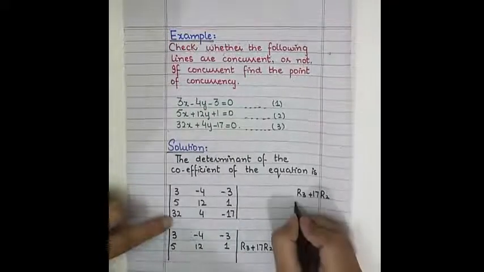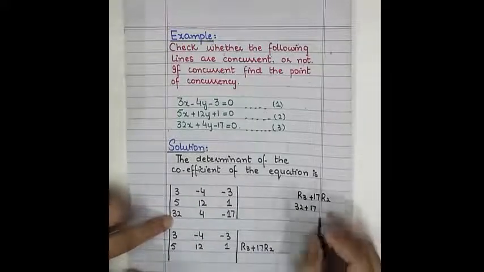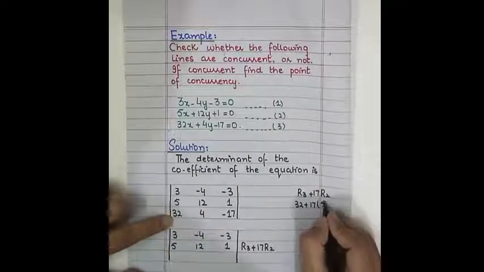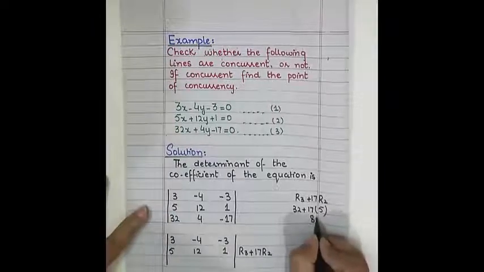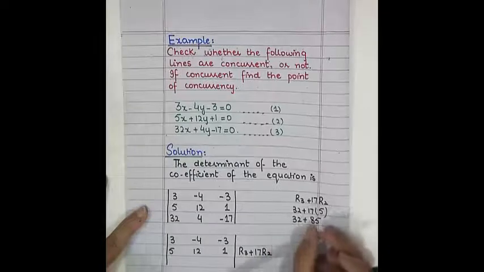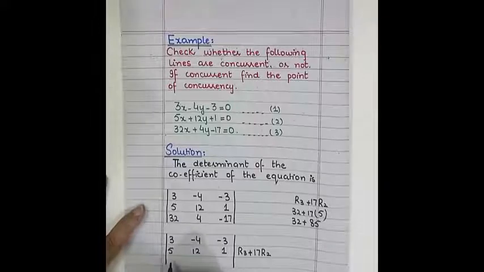R3 we have is 32 plus 17 times R2. The value of R2 is 5. So 17 times 5 is 85 plus 32. So 32 plus 85 is 117.